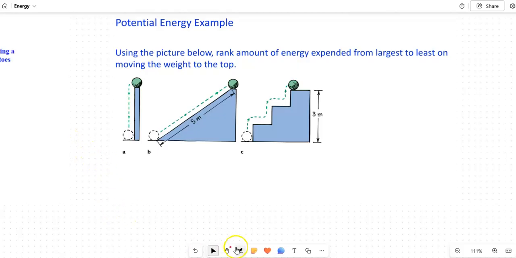Well, in this case, let's give the weights 2 kilograms each. Now with energy, it is path independent. It's a scalar. It means that it doesn't matter what happens in between here and here. It just wants to go from beginning to end.